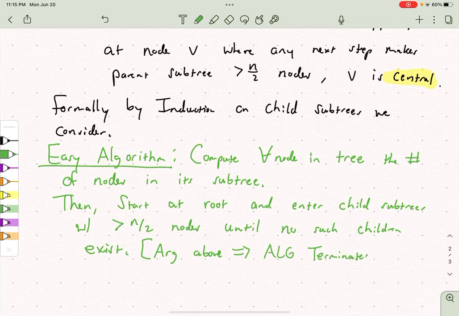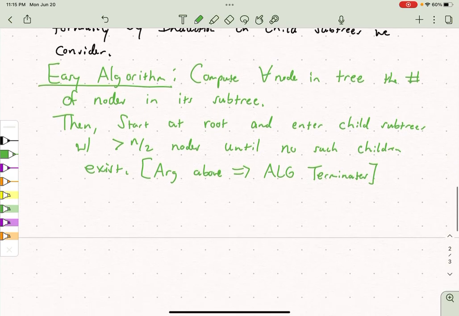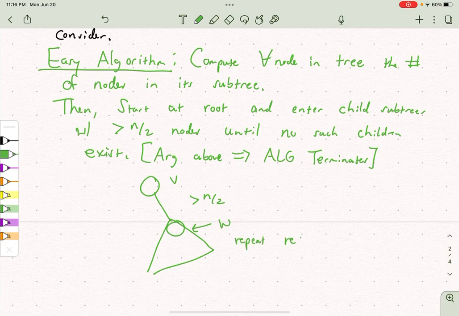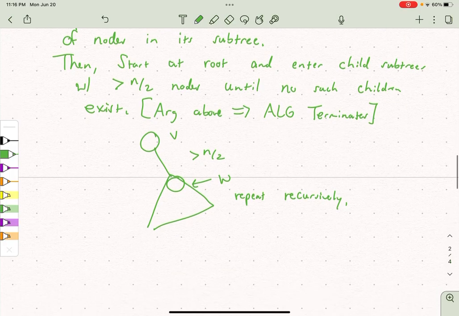So it won't loop forever. Okay, so we just start at a node. We pick the child with greater than n over 2 vertices, and then we move to this node. And then we repeat the process. Really, it's recursive.